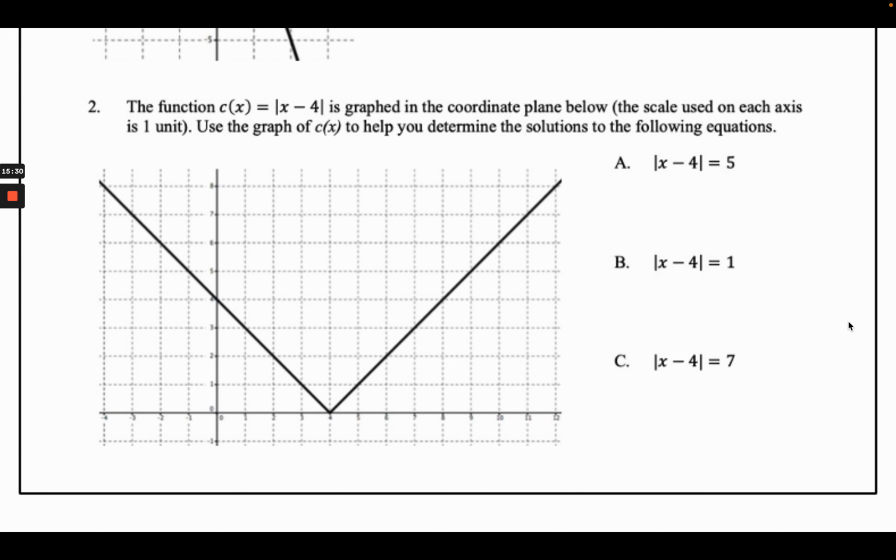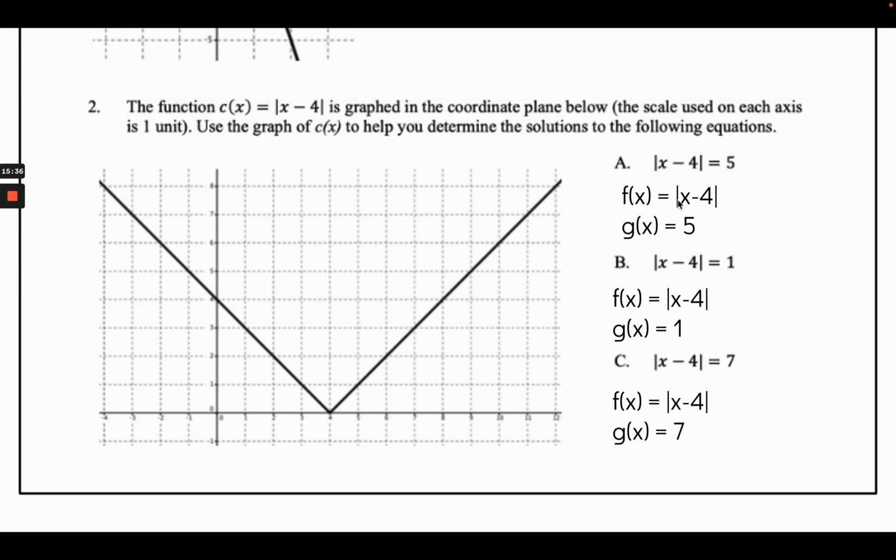Okay, so you should be done graphing. And I'm first going to put all of my split equations there. Here is my A, g of x is equal to 5. Here is my B, g of x is equal to 1. And here's my C, g of x is equal to 7. Okay, let's use a color to highlight g of x equals 5.